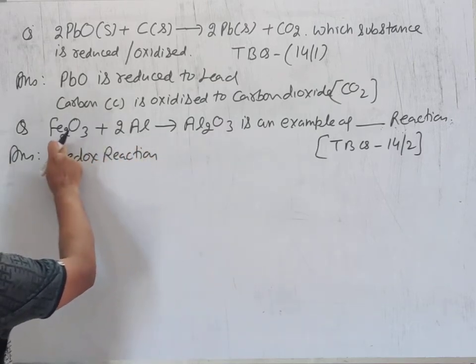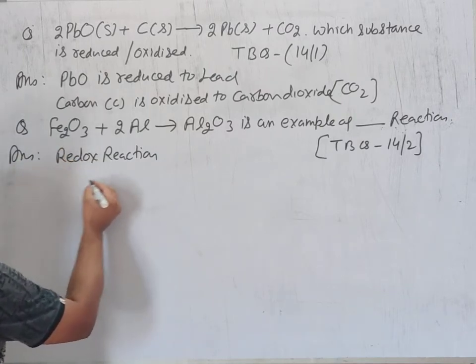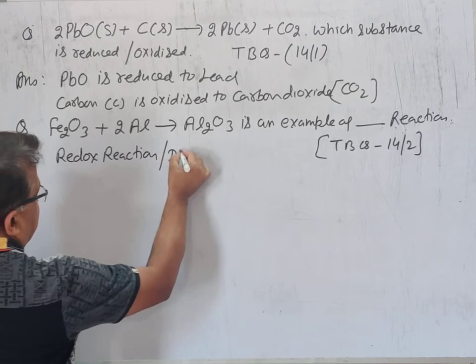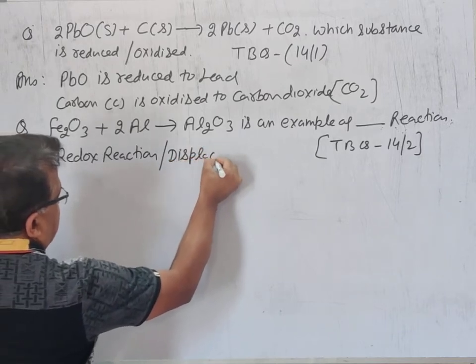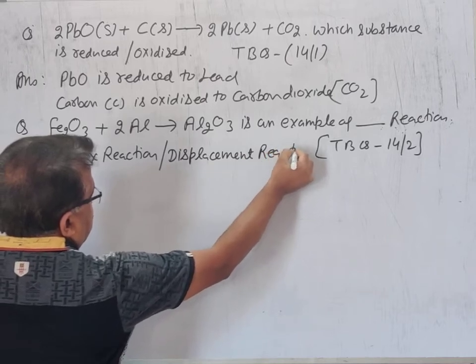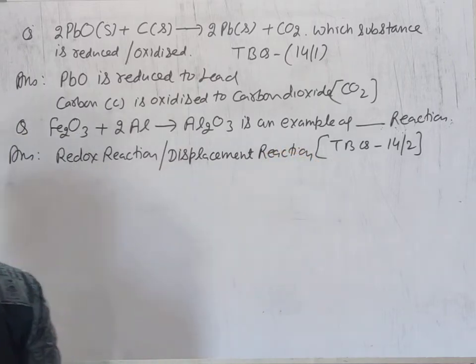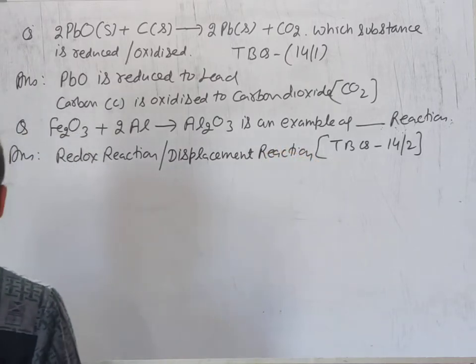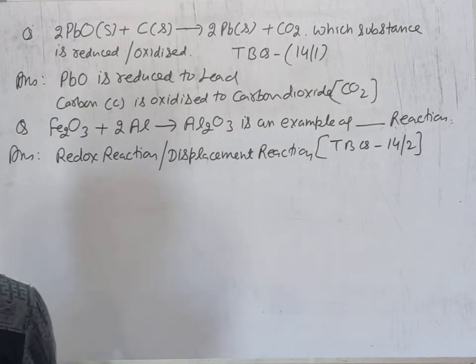Aluminium displaces iron from its place, so it is also a displacement reaction. Then one more question.